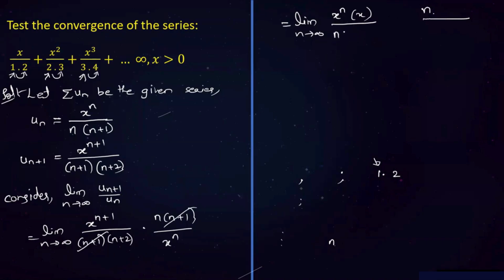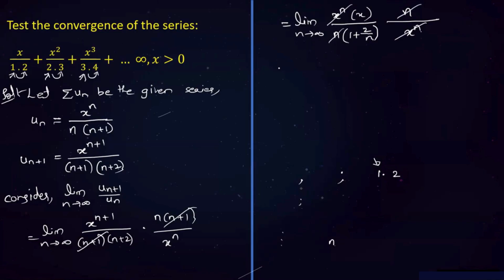From the other one we can take n common, so that we'll get 1 plus 2 by n. And hence we'll get only this much. So it is only n in the numerator and x to the power of n here. So this x to the power of n can be cancelled, and even n also.